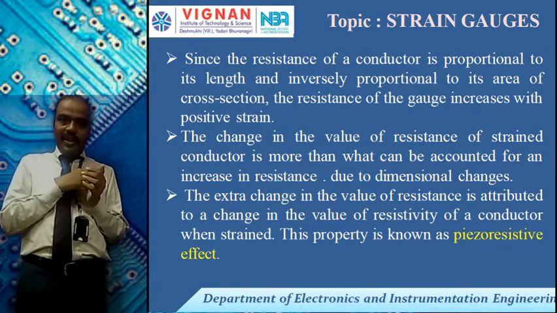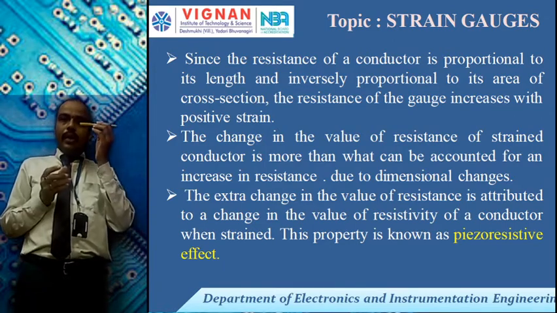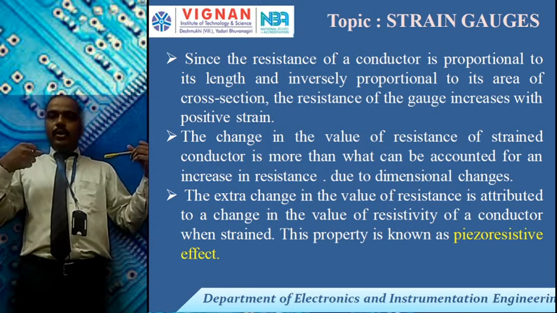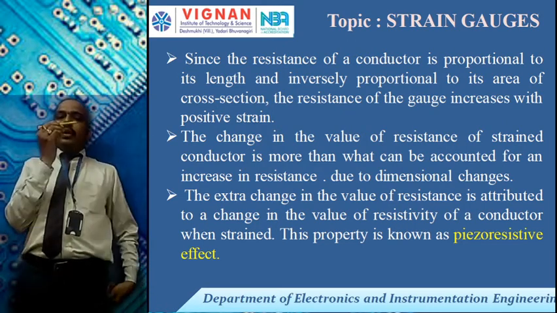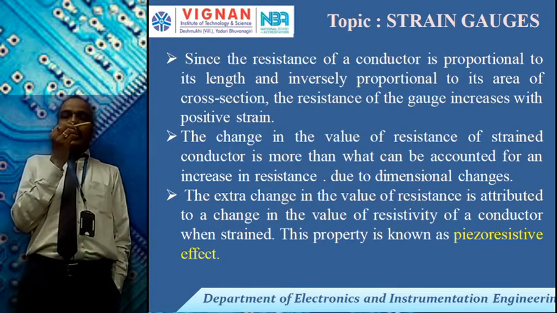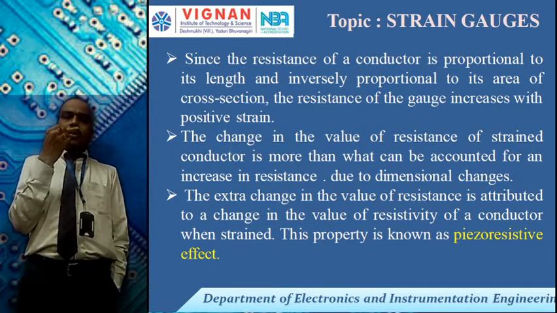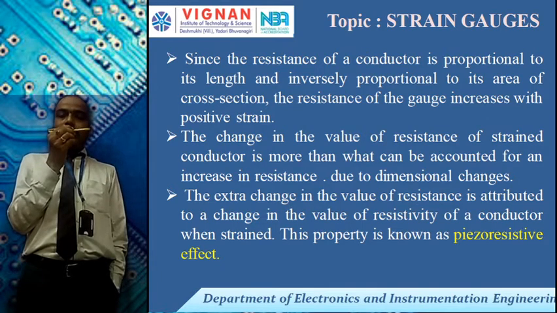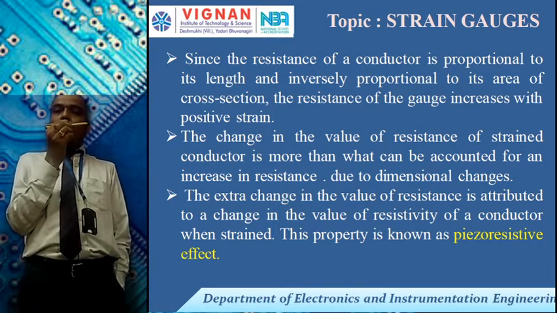For example, if you have a conductor and I am applying some elongation force, the resistance of this conductor changes from, simply assume, 10 ohms to 11 ohms. Actually, how much was the change in resistance? 1 ohm.